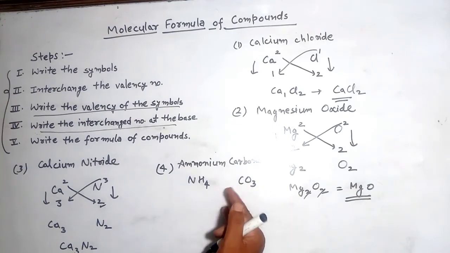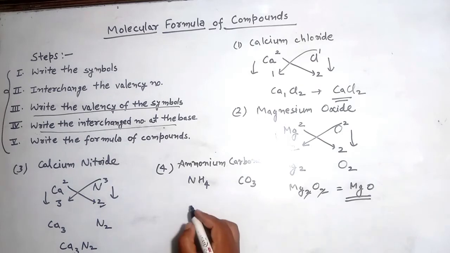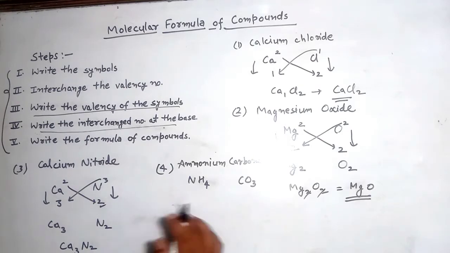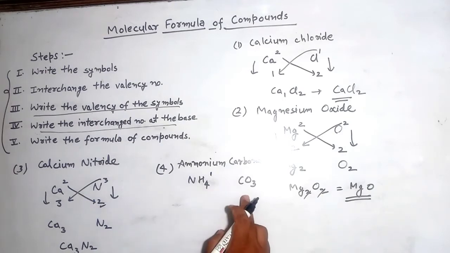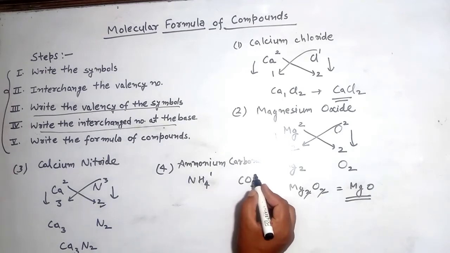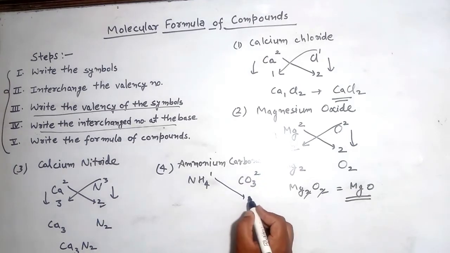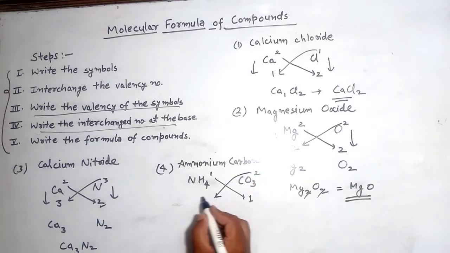What will be the valency in ammonium? The charge on this ammonium radical will be 1 only. And what will be the charge on CO3? That will be 2 minus, charge 2. So this charge 1 we will write here and this 2 we can write here.